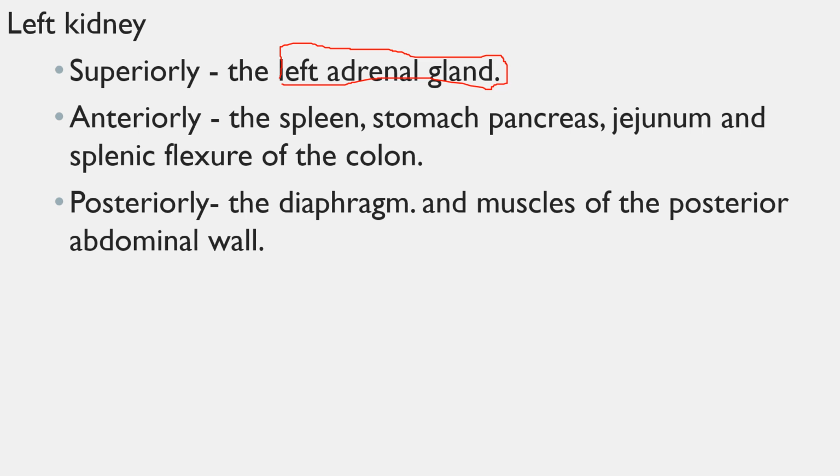Now let's go to the anterior of the left kidney. Remember, we are talking of the organs next to that kidney. Now we are no longer talking about the right kidney. We are here on the left. So anteriorly, which means the front, we have a spleen. The spleen is involved in the lymphatic system.